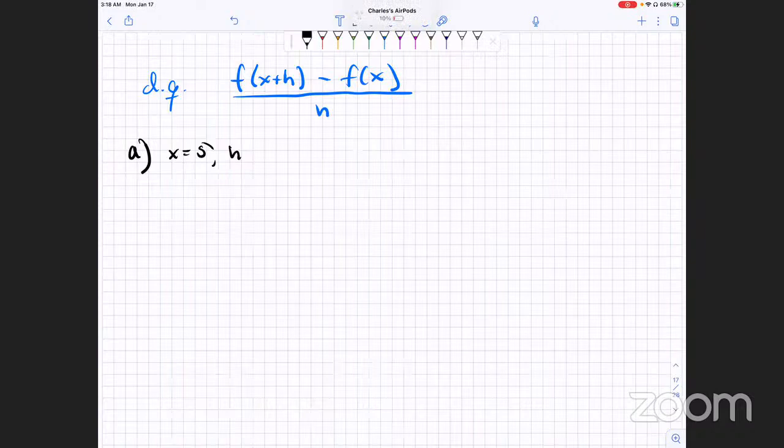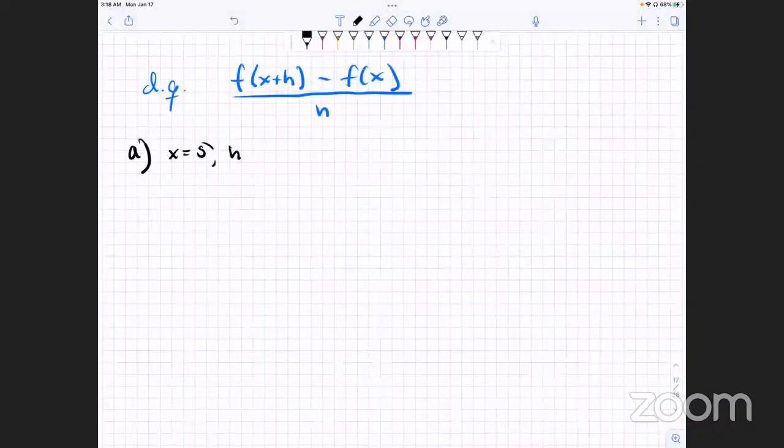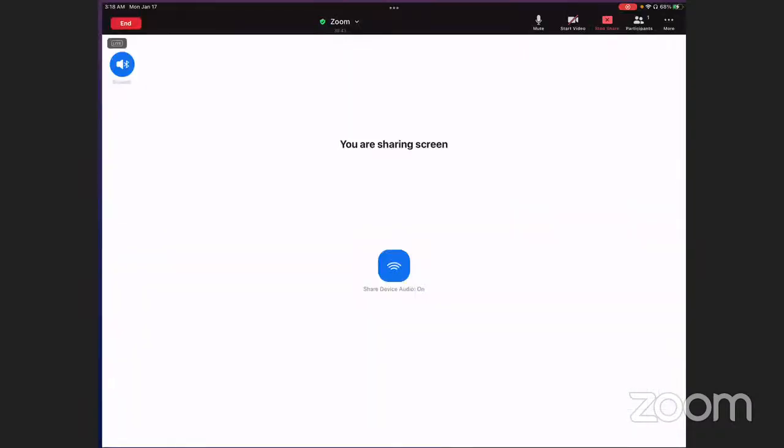I was losing power. Let me check this really quickly. That looks okay.